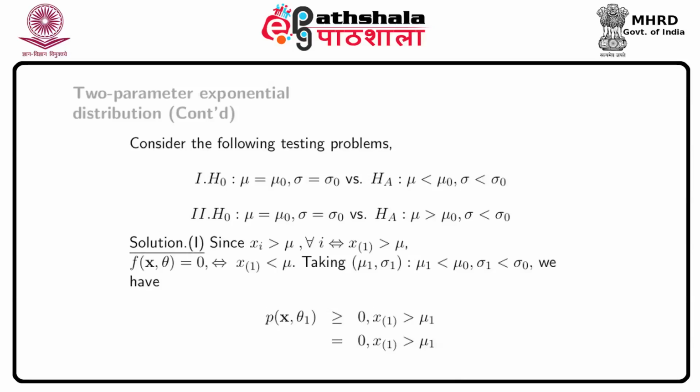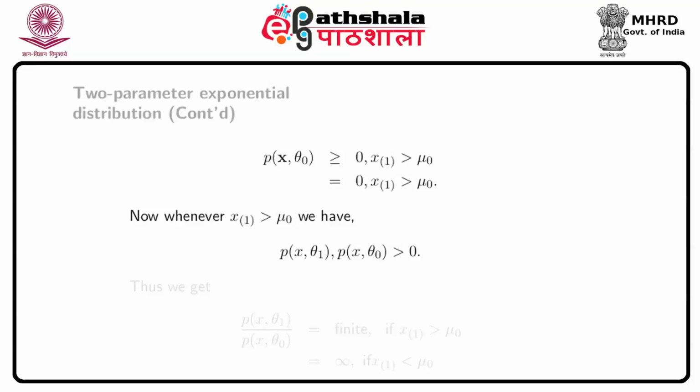And p(x, theta0) is greater than 0 whenever x(1) is greater than mu0 and 0 whenever x(1) is less than mu0. Now, whenever x(1) is greater than mu0, we have p(x, theta1) and p(x, theta0) both positive. Thus, we get p(x, theta1) divided by p(x, theta0) is finite if x(1) is greater than mu0 and infinite if x(1) is less than mu0.